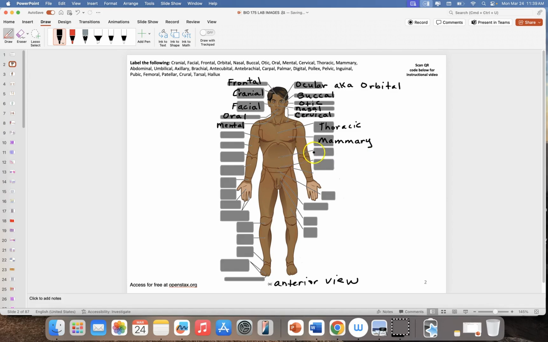The abdomen, abdominal. Here is the navel, where the umbilical cord has fallen off. Therefore, we use the term umbilical.